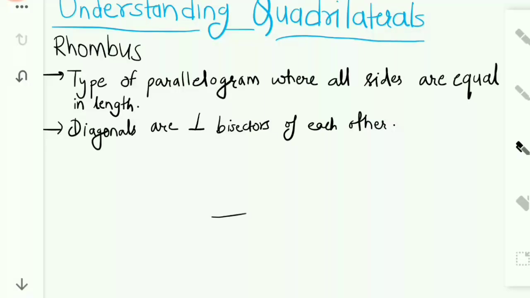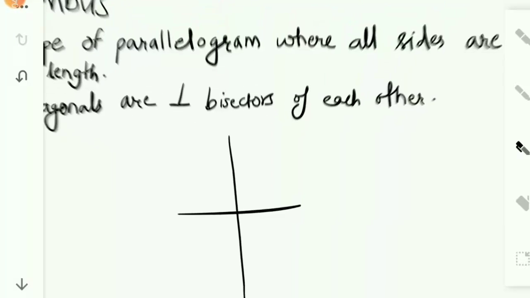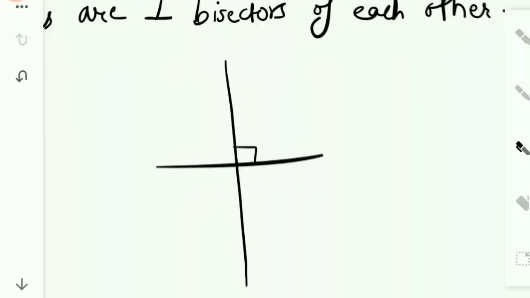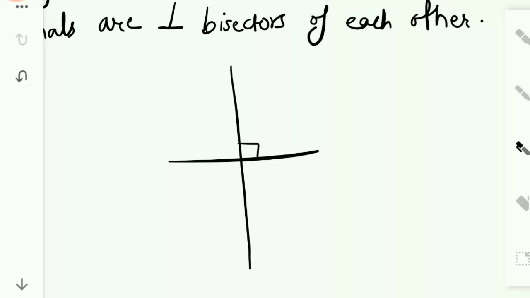That means, if I have this line like this, and this here like this, then this is perpendicularly bisecting, so this is equal to this and this is equal to this.